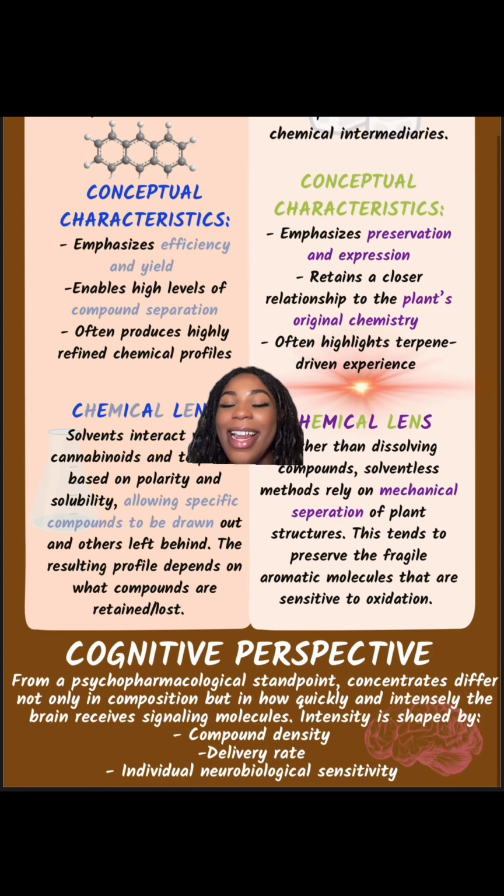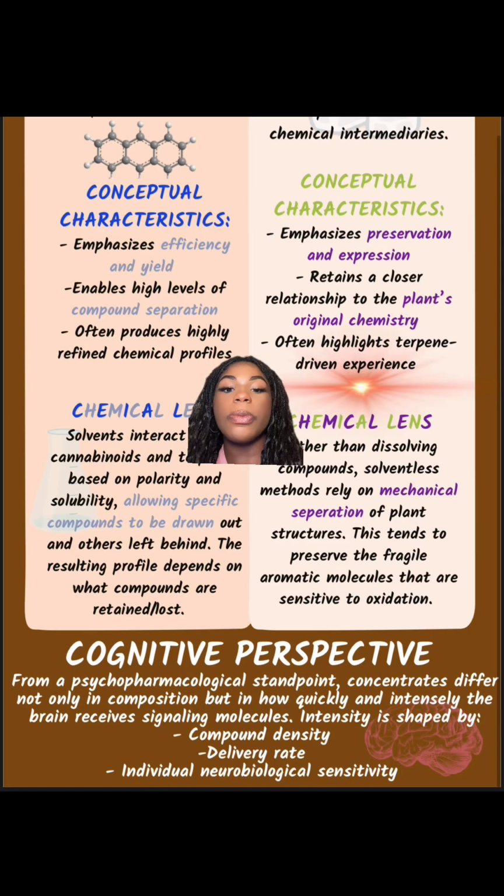From a chemical lens, for your solvent-based, you're really allowing specific compounds to be drawn out, and others are left behind. And again, that's why you have profiles that are very exact, very specific. Versus solventless, which relies on mechanical separation of these plant structures.